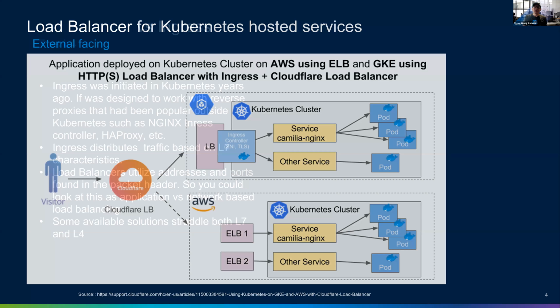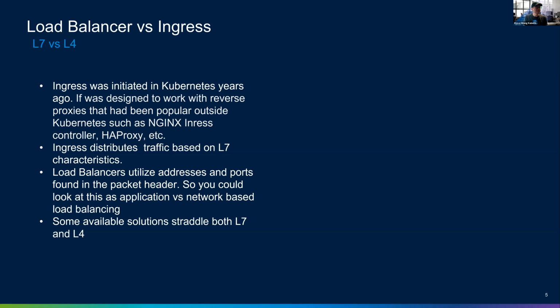So load balancer versus Ingress, this is just a little history of it. I'm not going to read it to you. I think I kind of telegraphed this. Like I said, first time I'm giving this deck. So, there is this distinction of Ingress being up at L7, whereas load balancers would typically use addresses and ports that are found in the TCP packet header. L7 goes and delves into the actual traffic itself.